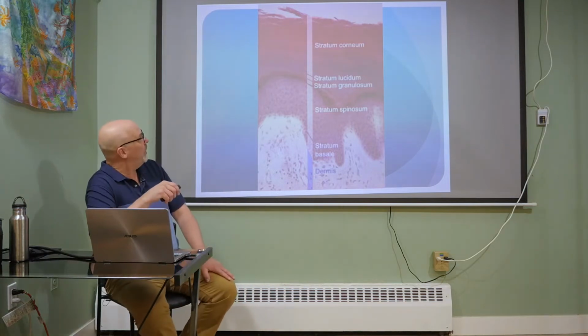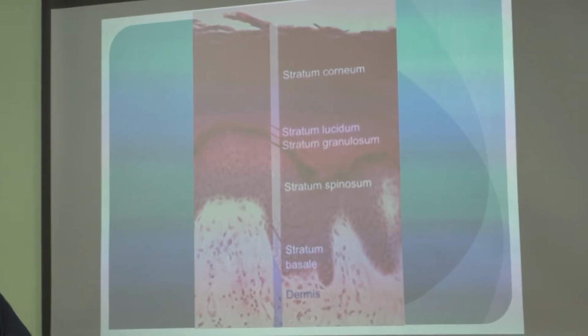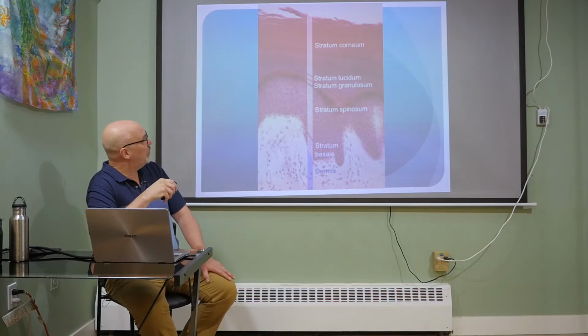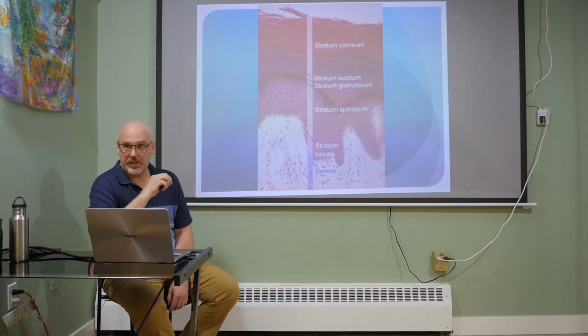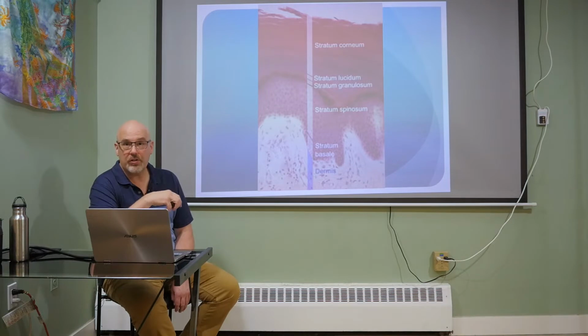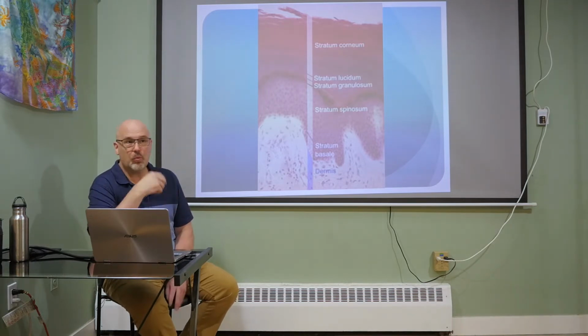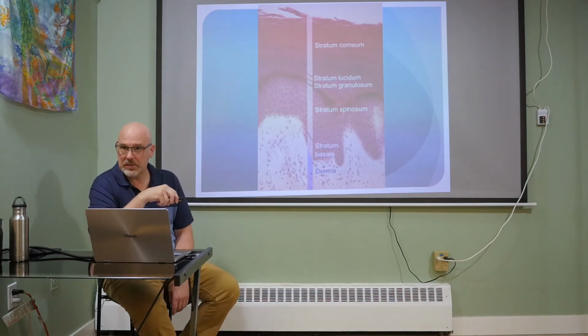Okay, so up here we have our stratum corneum. And what's so important about the stratum corneum? For us, there's two key things occurring here. One is you can see that this tissue, this cell type, is stratified keratinized squamous epithelium. So what's important about stratified squamous keratinized epithelium?